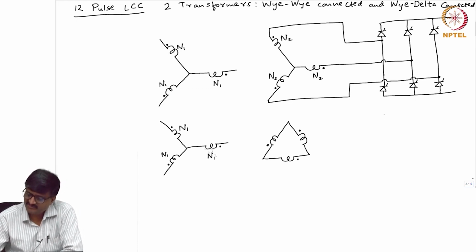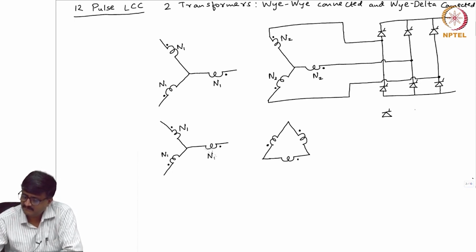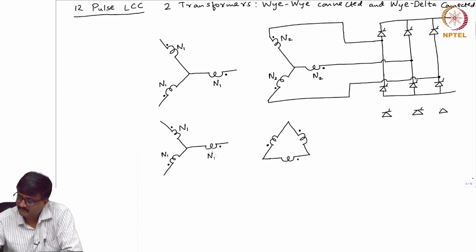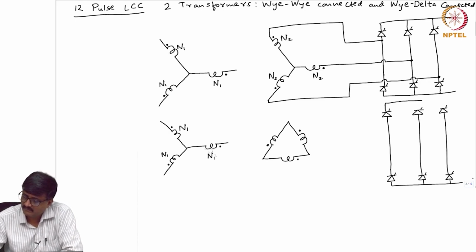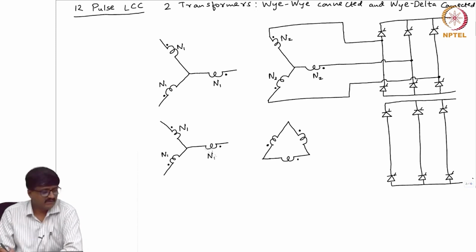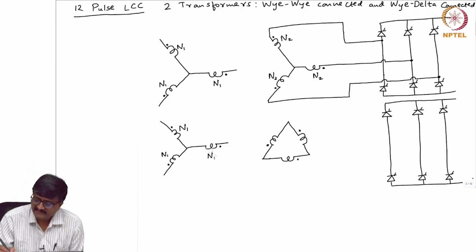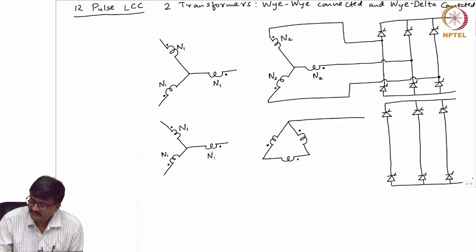Then there is one more 6 pulse LCC. And we connect the terminals of this delta side to the AC side terminals.